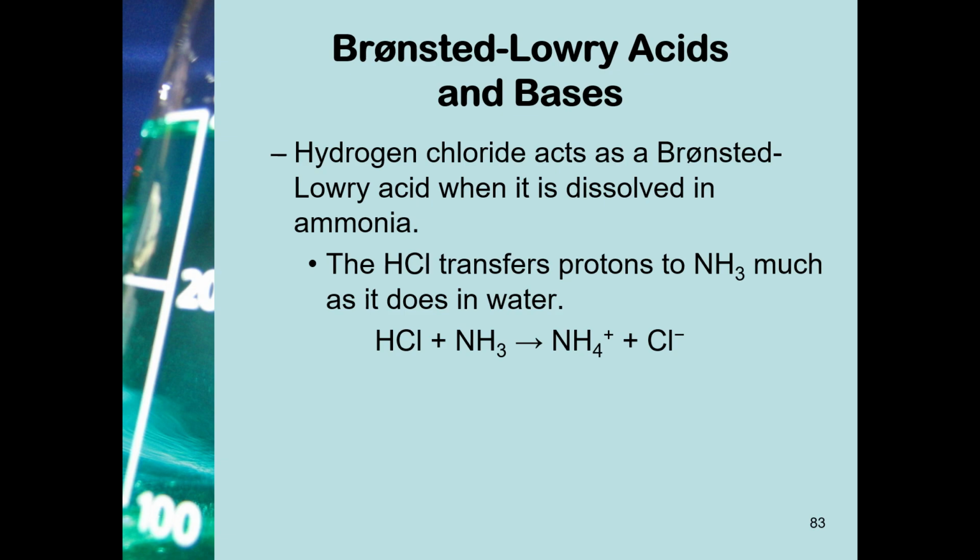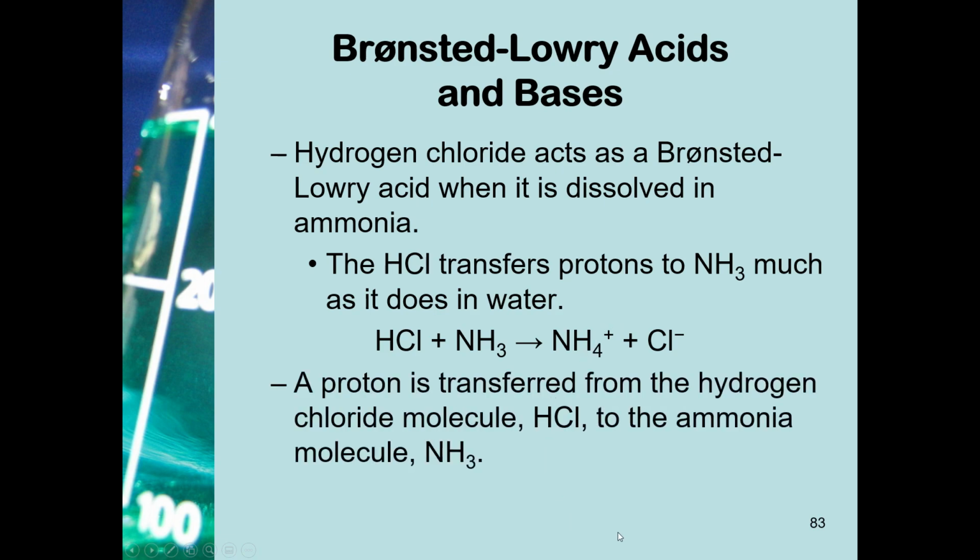The H on the hydrogen chloride is going to go over and attach to the ammonia, forming NH3 on one side, and over here we'll have an NH4 plus, the ammonium ion.